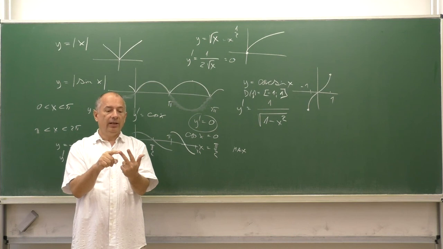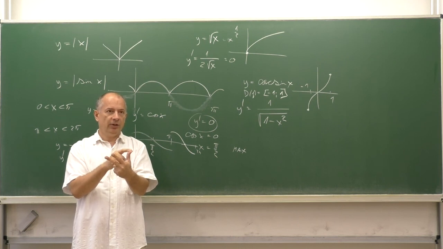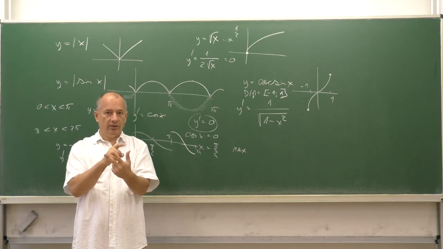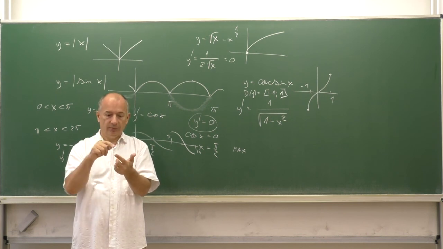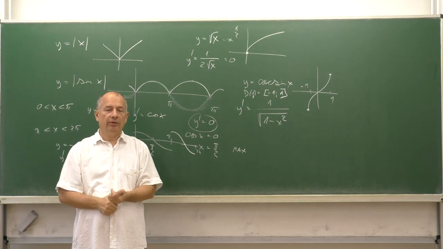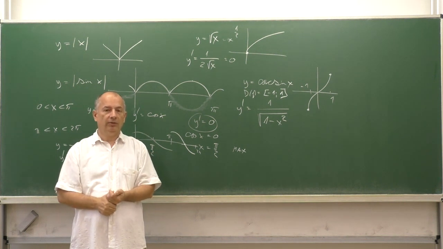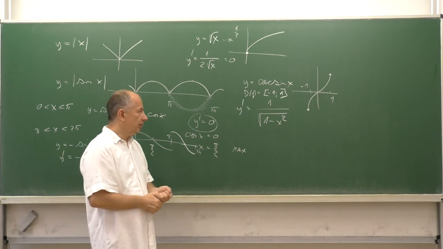Well, and then in the inner points, in the stationary points, where the derivative is equal to 0, we can consider either the sign of the first derivative close to the point or the second derivative. And then we find extrema in this kind of points, and then we must check the values at the points where the function has no derivative or at the ends of the domain of definition.